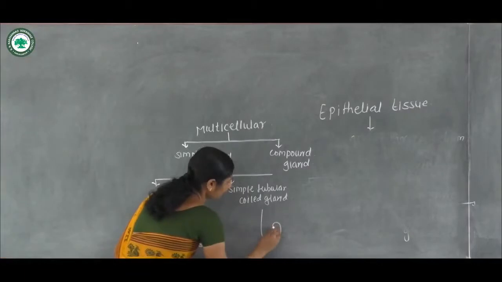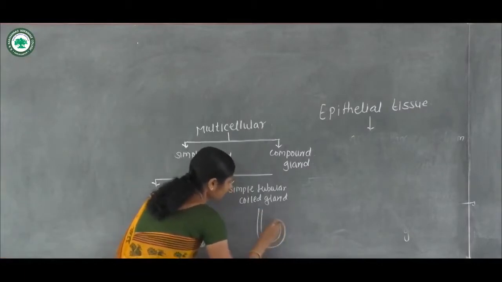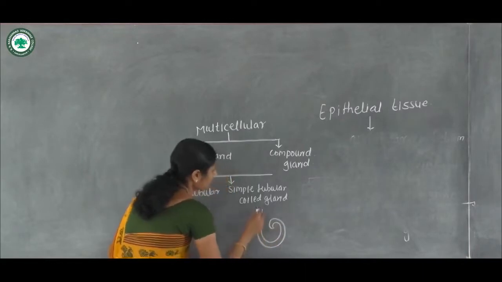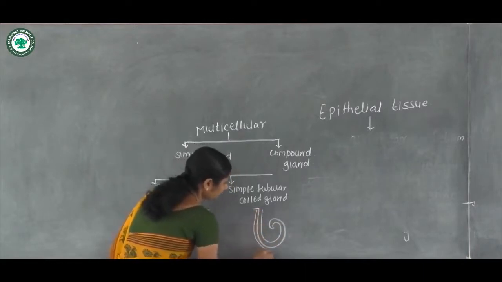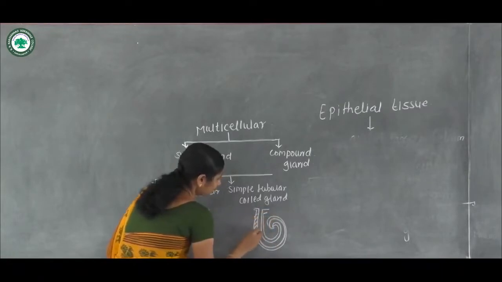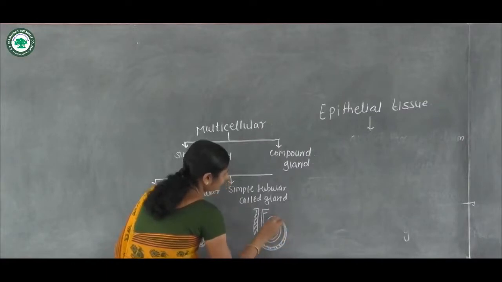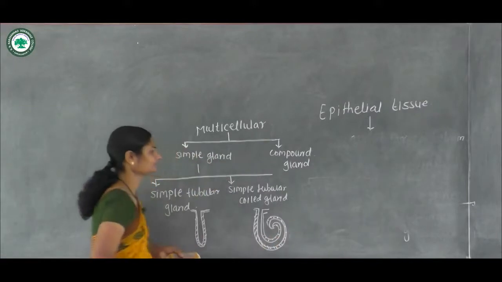An example is sweat glands. In these sweat glands, the deeper portion is coiled.